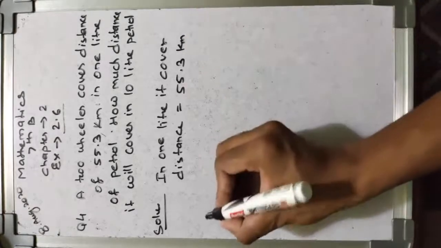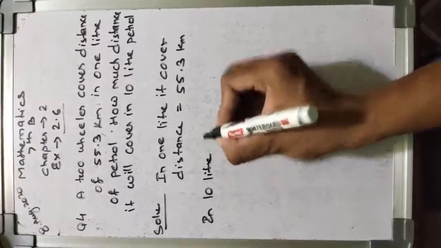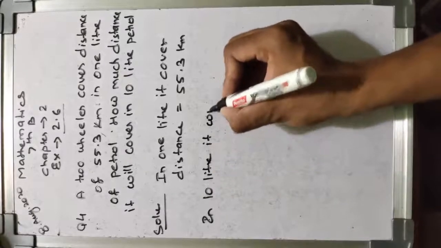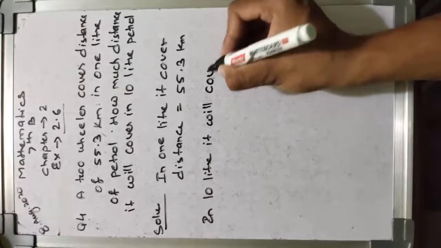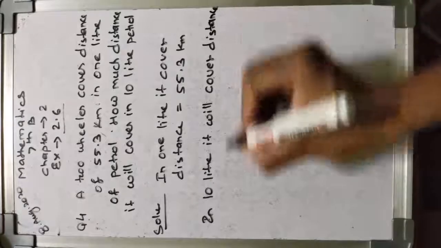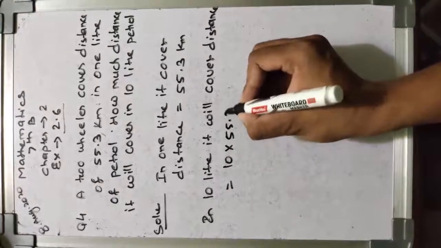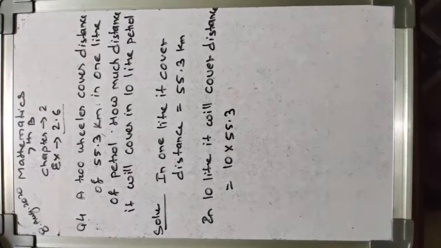Okay, in 10 liters it will cover a distance equal to 10 into 55.3. Why multiplication?